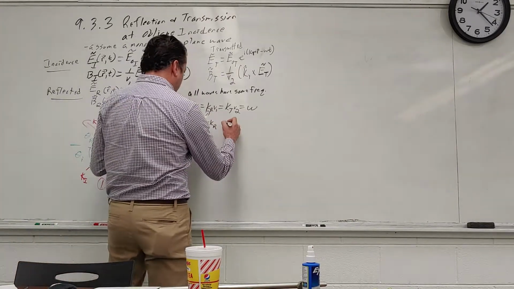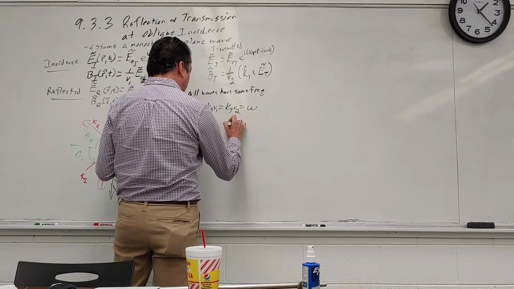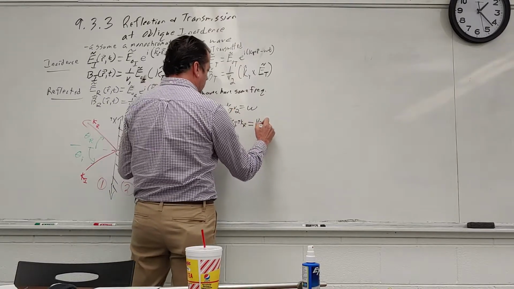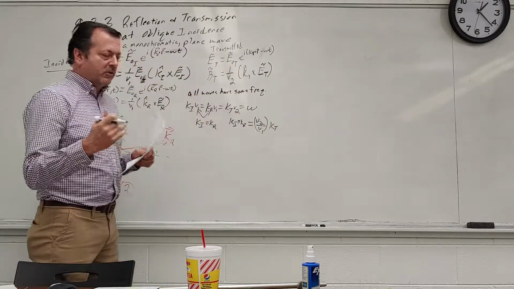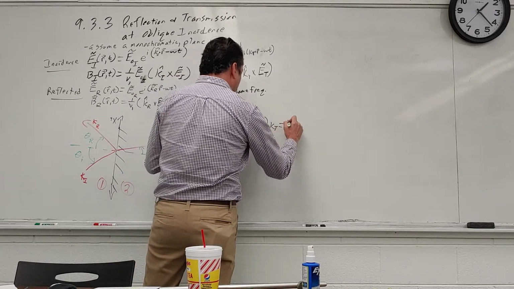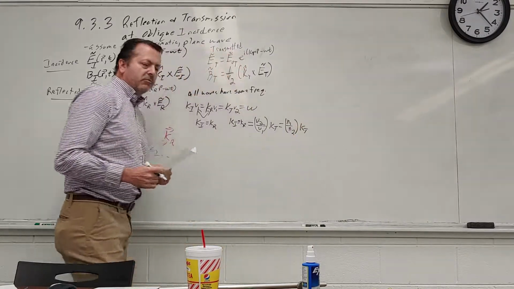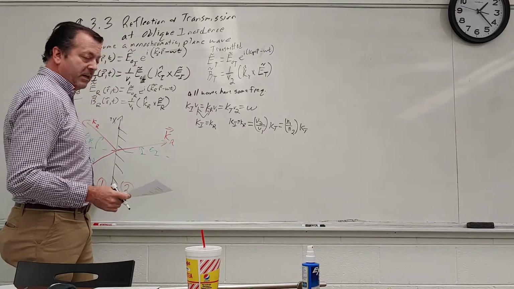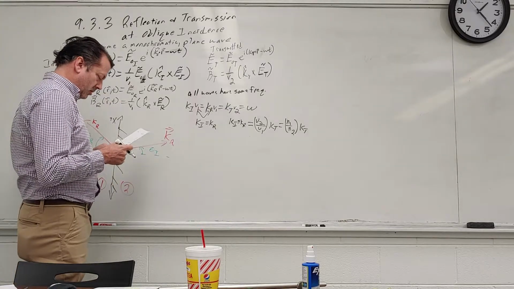It also means that the incident K, which equals the reflected K, these wave numbers, is going to equal, if you solve this ratio, V2 over V1. If you do that in terms of n, remember what we showed previously, n1 over n2. So that's the relationship between the wave number going in on medium 1, and the wave number in medium 2, that second medium it went into.